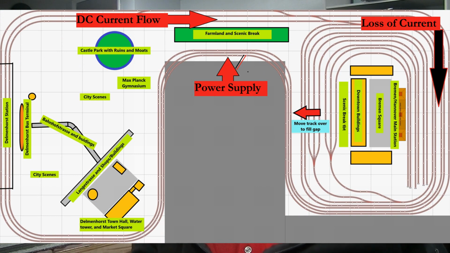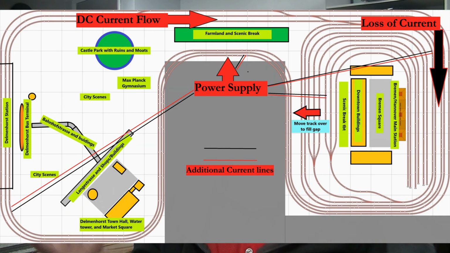In the old days, before digital, if this were connected DC, I would probably have to run additional current lines from my power source to different points of my track to maintain a satisfactory level of current.